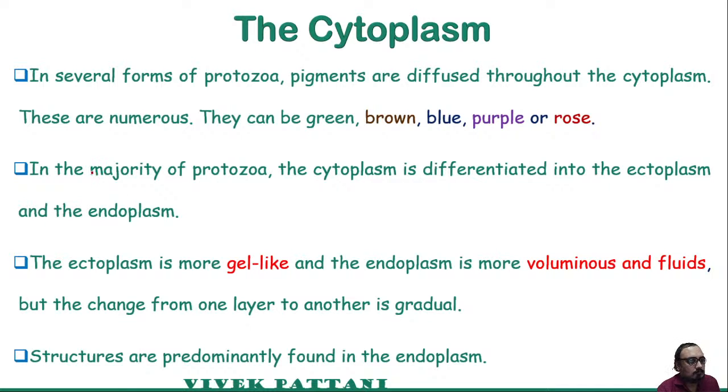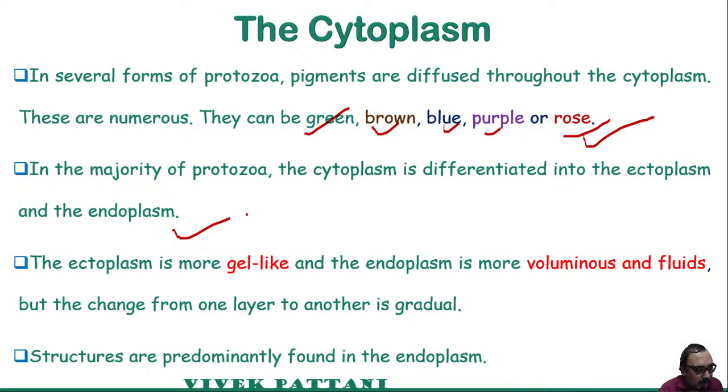Now the cytoplasm of the protozoa. In several forms of protozoa, pigments are diffused throughout the cytoplasm, and there may be numerous pigments. They can be green, brown, blue, purple, or rose-like in color. In the majority of the protozoa, the cytoplasm is differentiated into ectoplasm and endoplasm.